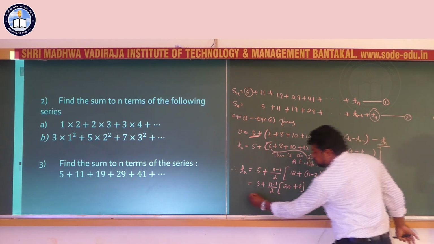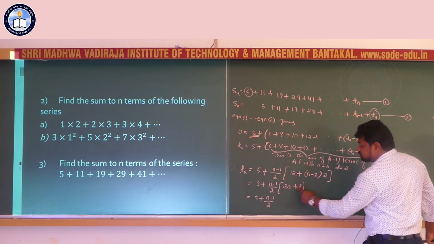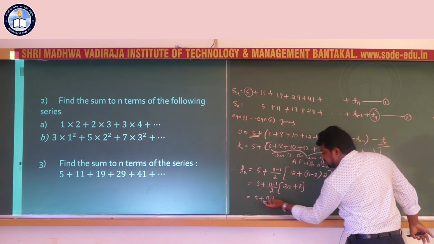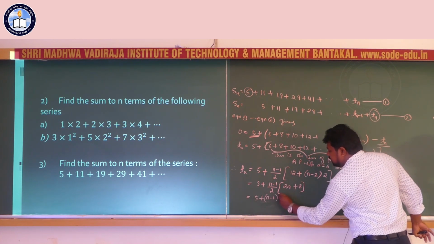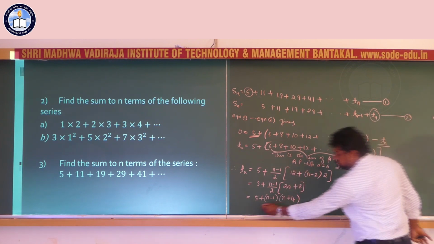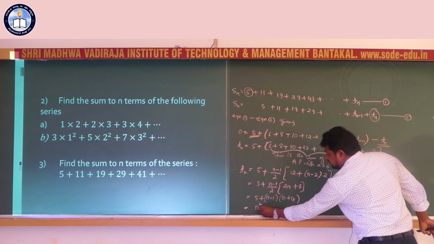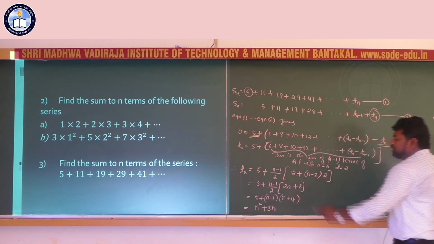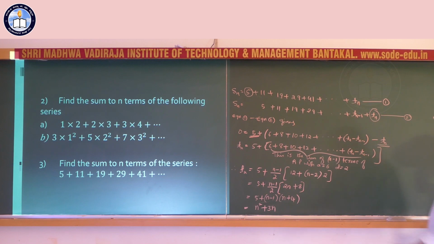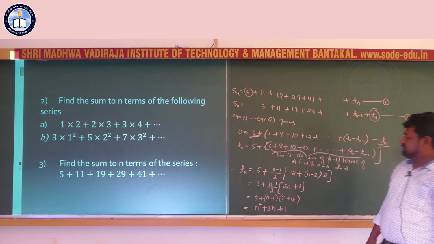That is equal to 5 plus n minus 1 by 2. Here 2 is common, 2 cancel, therefore it is equal to n minus 1 into n plus 4, that is equal to n square minus n plus 4n, 3n, minus 1 into 4 is minus 4, plus 5, plus 1. Therefore, the nth term of this series is n square plus 3n plus 1.